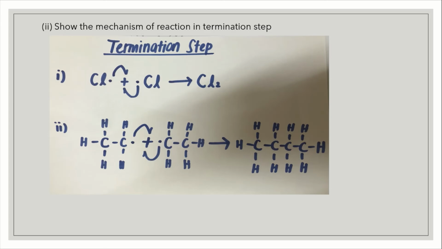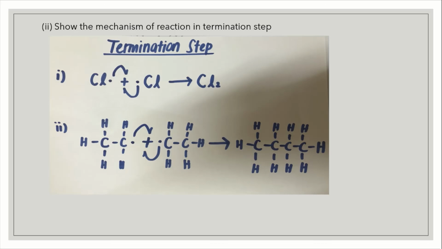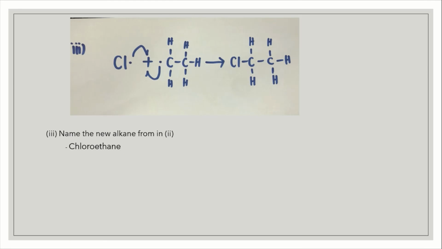Okay, so for the second one, previously we have ethane, so right now we are going to stop the free radical of the ethane. And then on the third step, yes, I was waiting for that actually. So on the third step, we stop the free radical.